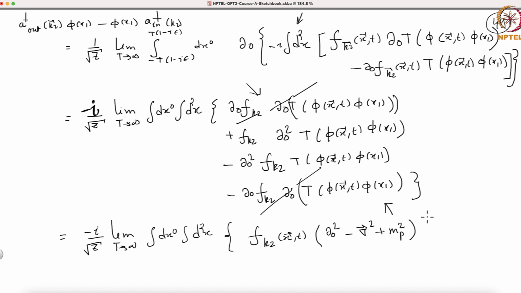Just doing the differentiation will give you this, and then you have the time order product of, okay, so this is what we get, and this is what is sometimes written as box plus mp square. This operator box is just del naught square minus gradient square. Very nice.